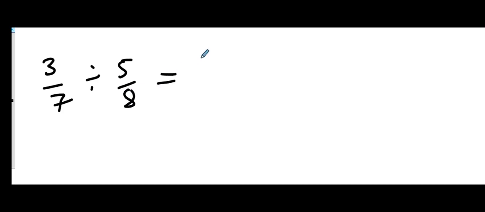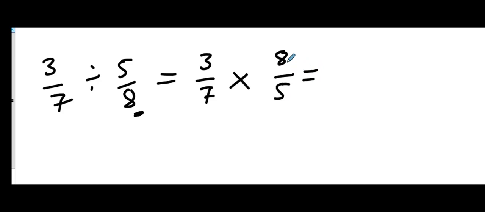Okay, so let's take one more example then, and this time we're going to divide 3 sevenths by 5 over 8. So again, what we do is we write out our 3 sevenths, and we invert and multiply our second fraction. So our denominator becomes our numerator, so we have 8 over 5. And now we can just multiply, numerator by numerator and denominator by denominator.